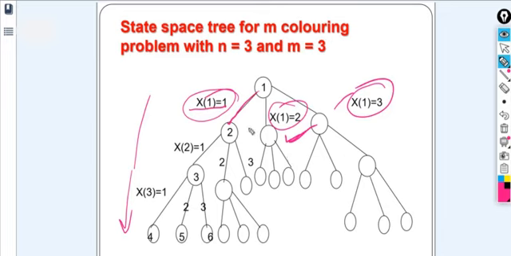So first there is a need to traverse the first color. All the possibilities, color 1, color 2, color 3, we write for node 2. At the start we are not applying any condition. First we apply all the possible solutions, then we take the conditions into account. For node 3, all the colors 1, 2, 3 are applied.